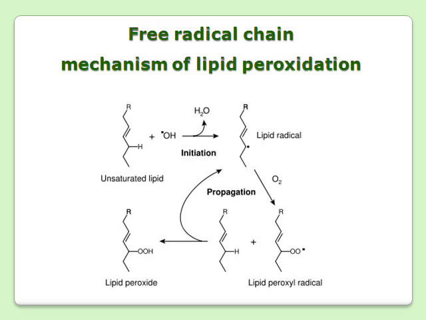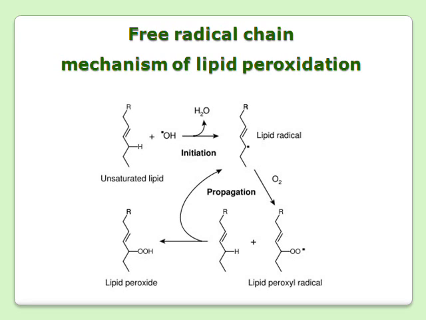It's by no means the only thing that can carry out the initiation, but for convention we'll show it as the initiator. What happens is the initiator, a free radical, abstracts the hydrogen atom, which means it goes to water. And the product then is a lipid radical, what's called a carbon-centered radical, where the free radical is on the carbon atom.